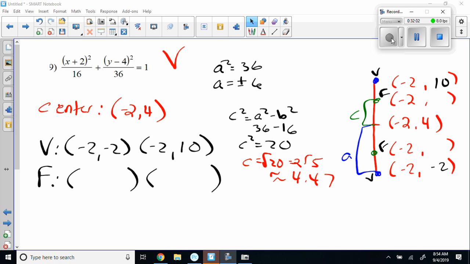Now, guys, if I'm going up 4.47 from 4, that leaves me at 8.47. If I'm at 4 and I subtract 4.47, what does that leave me at? Negative 0 point something. Somebody take 4 minus 4.47.